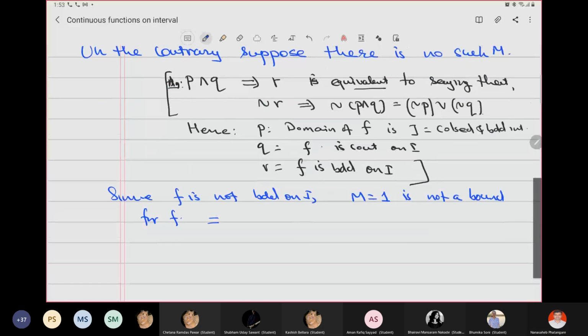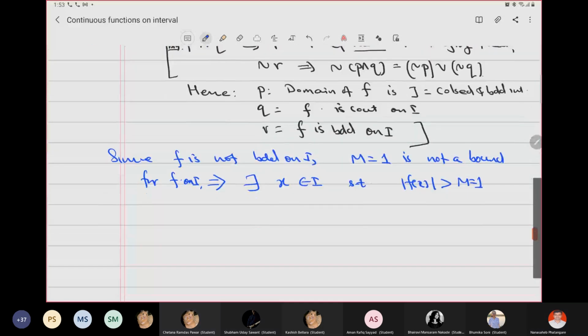So M equal to 1 is not a bound for f on I. So that means the condition of boundedness fails for M equal to 1. That means there exists some x in I such that the absolute value of f(x) is greater than M equal to 1. Do we agree?